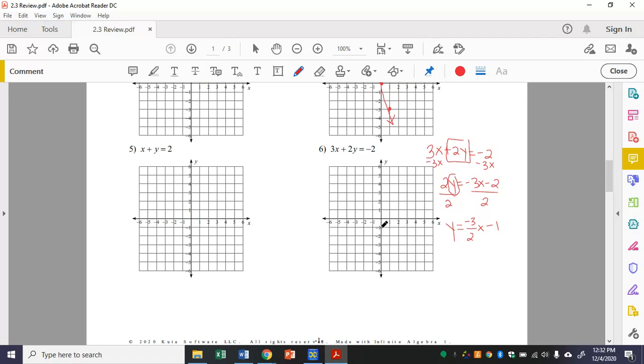I start at negative 1 on my y-axis. Again, my slope is negative 3 over 2, so I can count down 3, but the 2 is positive, so I'm going to go to the right 2. We can also say this is equivalent to positive 3 over negative 2, so I can count up 3 and then to the left 2 and graph my line here.